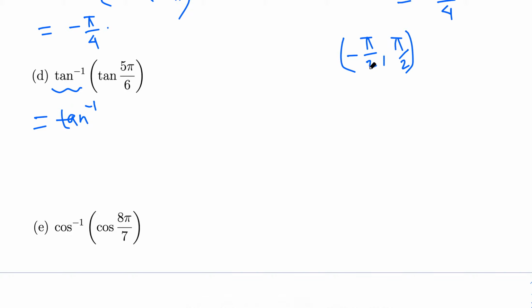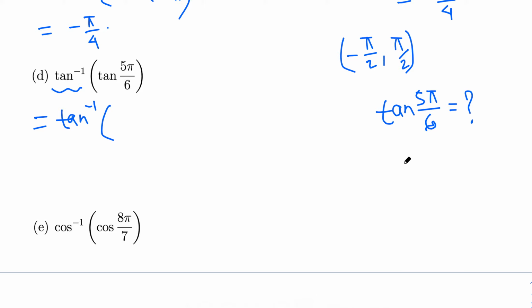So the final answer should be inside here, but pi over 6 is bigger than half pi. But the good news is pi over 6 is a standard angle, so we can just write down the value of this.